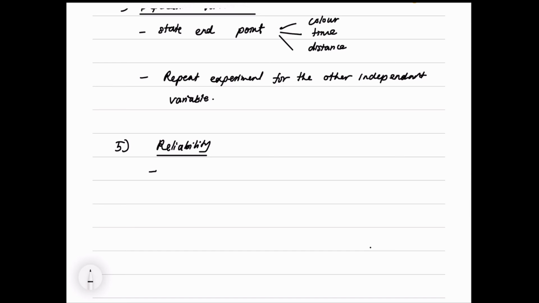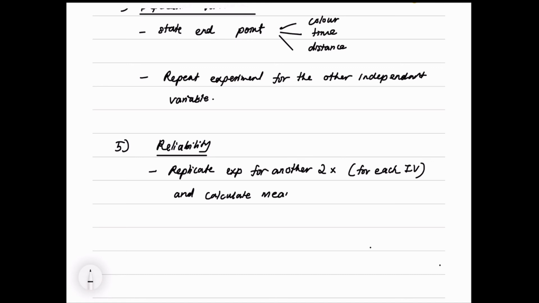So you will have a total of 3 results for each independent variable. So we will say, replicate the experiment for another 2 times for each independent variable and calculate the mean.